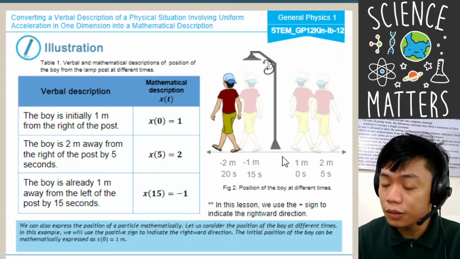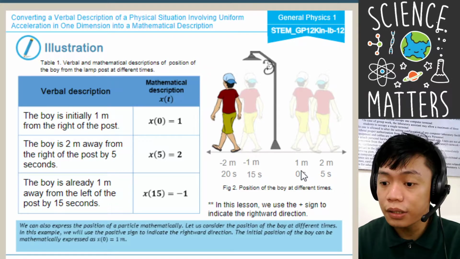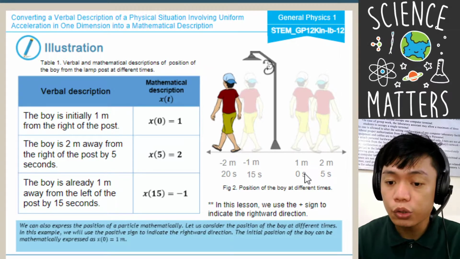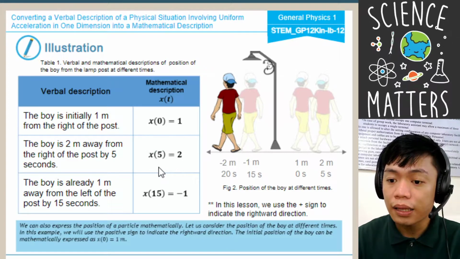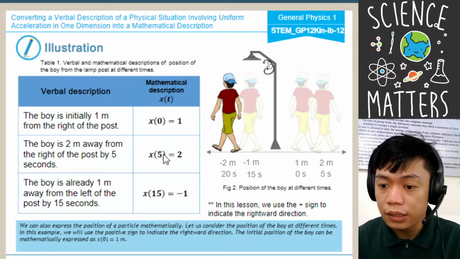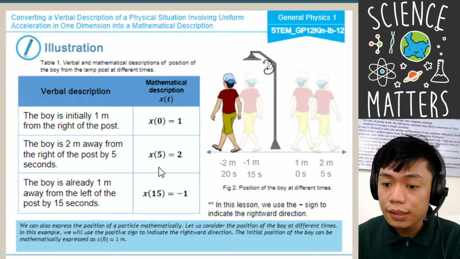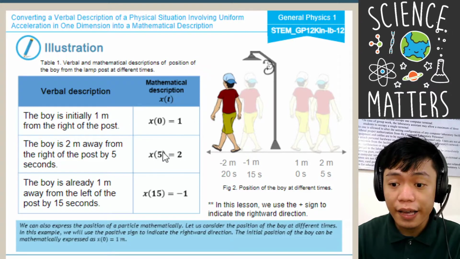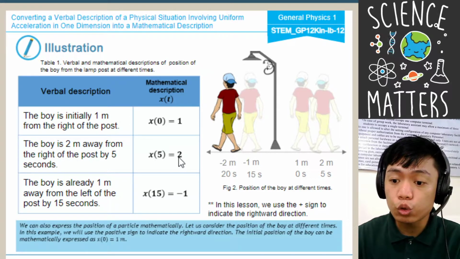As you can see in this illustration, this is 1 meter, and 1 meter corresponds to 0 seconds. Now, let us see the mathematical description for this. x, the position, at t equals 5 seconds is equal to 2.